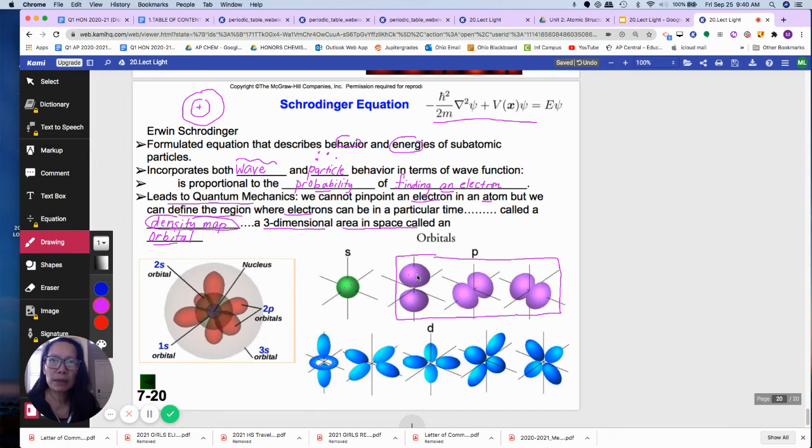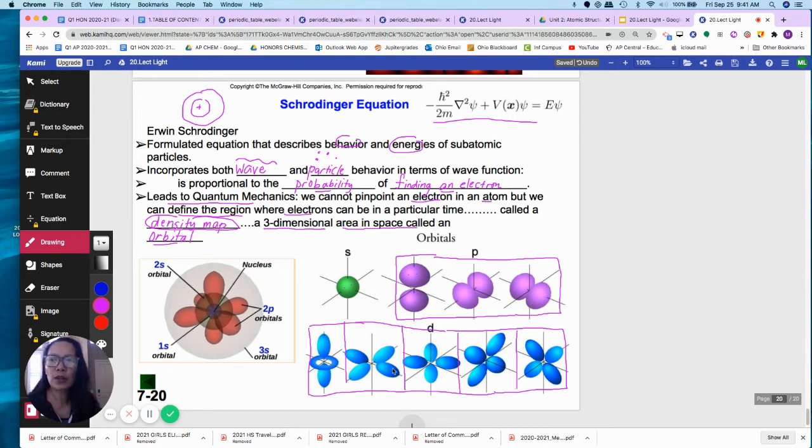One in there, or maybe both in there, or one here and one here. It can be in there somewhere. Or if not in there, they can be in the d orbitals, and there are 5 different d orbitals, so 5 different possible locations of the electron.